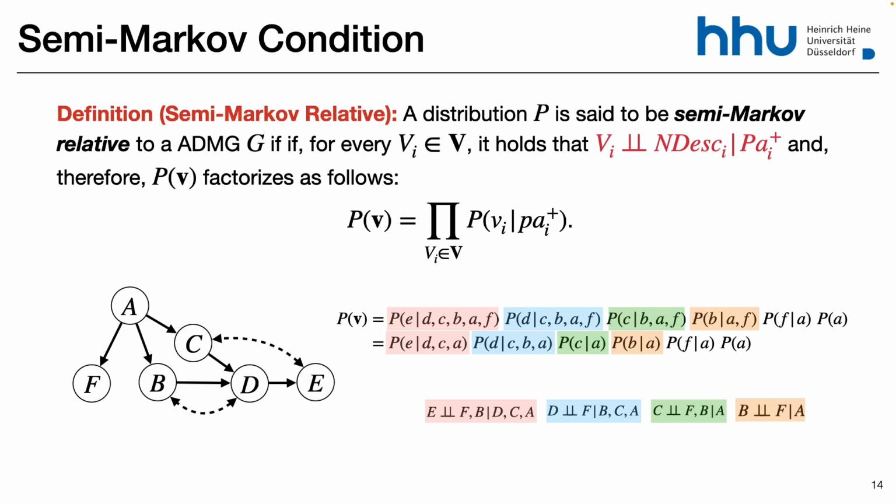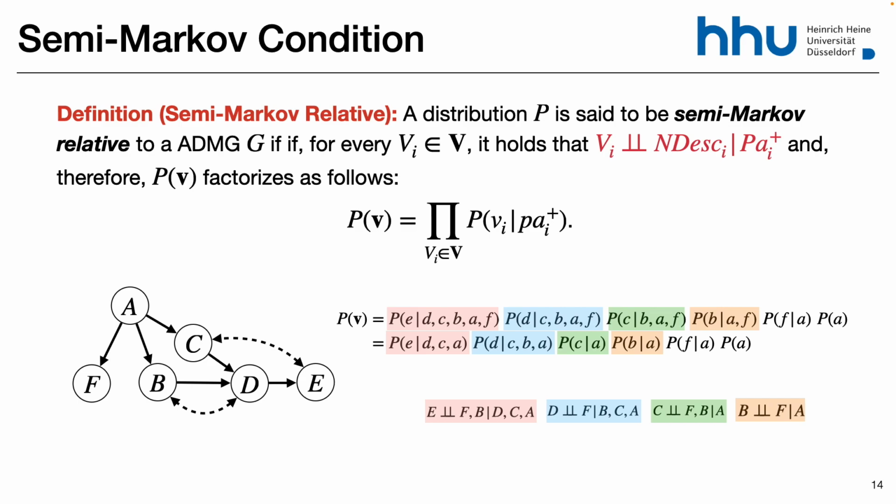I don't know if you remember, but for E here, we computed that the extended parents of E were D, A, and C. Everything else is independent of E given these extended parents. So just simplified.